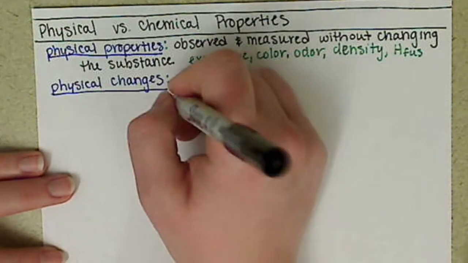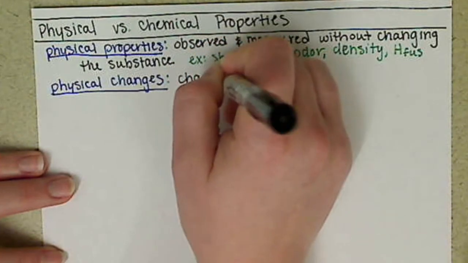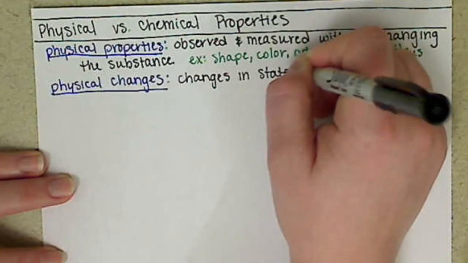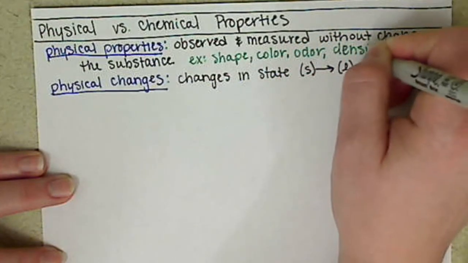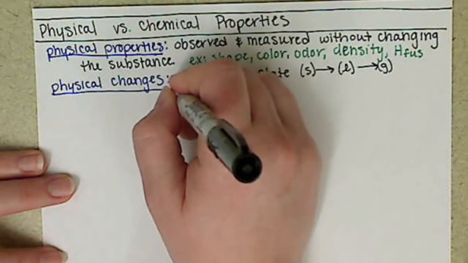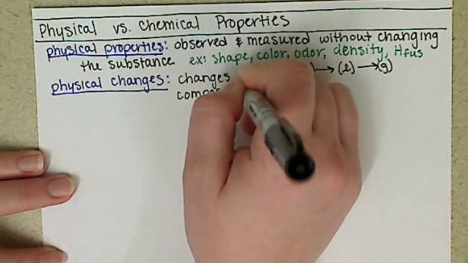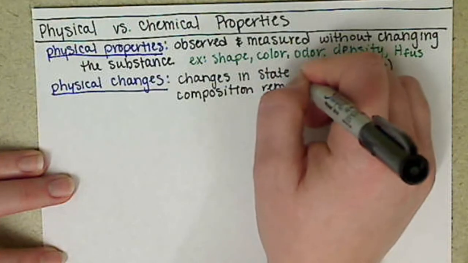Basically, physical changes are the changes in state, your solid to a liquid to a gas. Those are all physical changes. What's important is that the composition of whatever we're looking at remains the same.